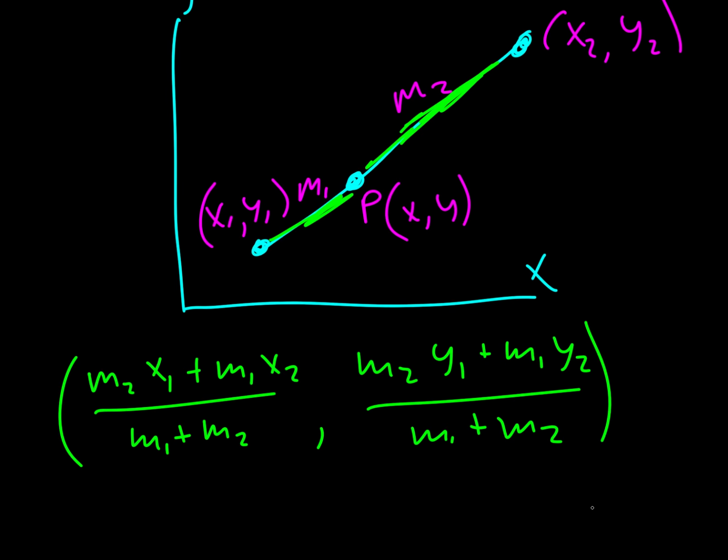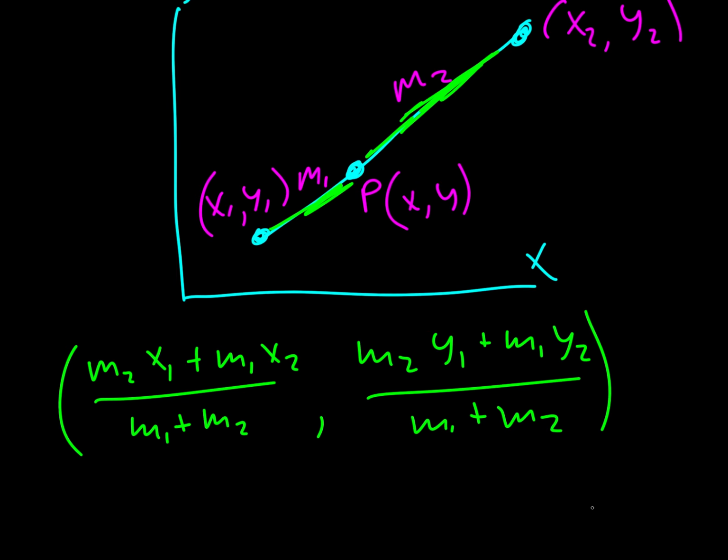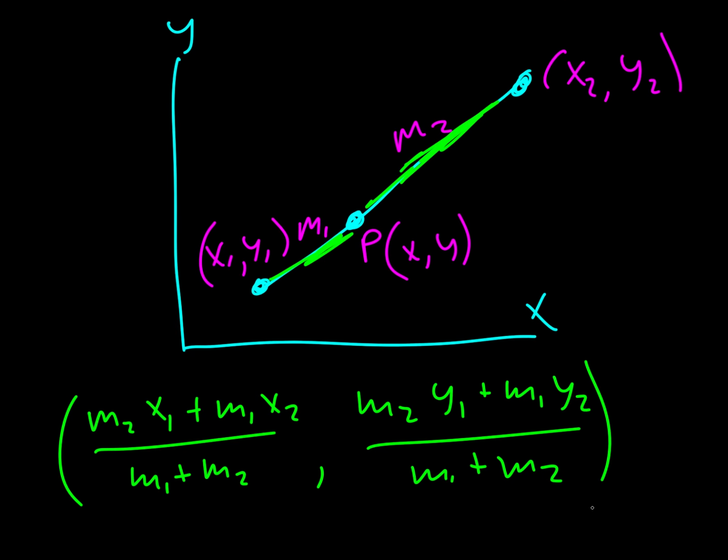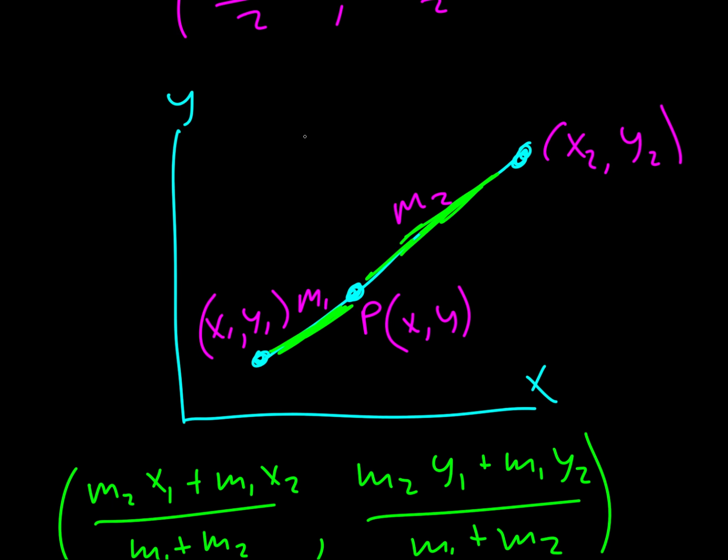If you just follow the same steps as you would with the midpoint formula, it's really not that bad. It just has a little bit more to it, and hopefully you can see the similarities, something added over the same thing.